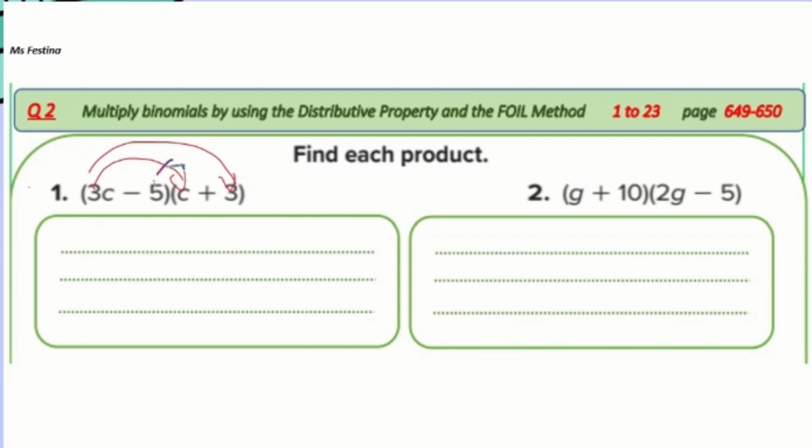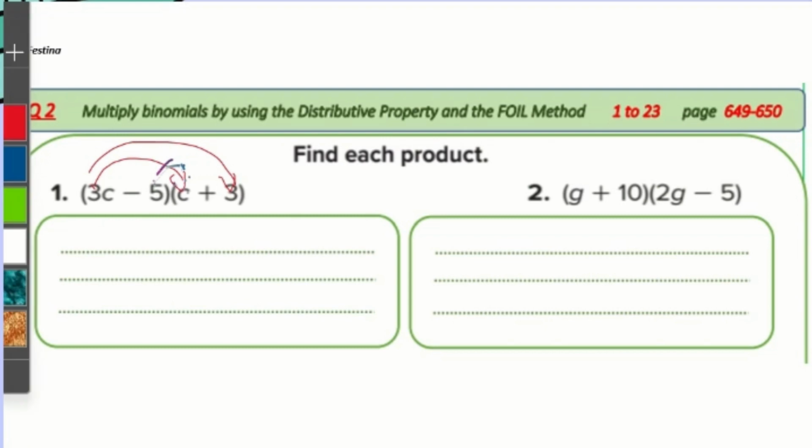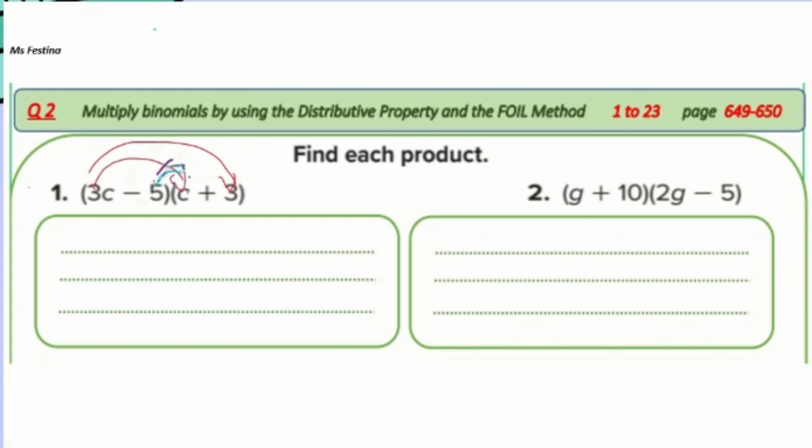So you'll have 5 multiplied by 3x. Okay, so let me just use a different color there just so that I can show you. So we will then have 5 multiplied by c, and then 5 multiplied by 3.